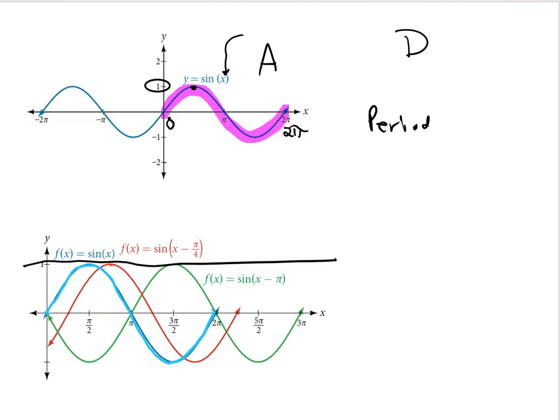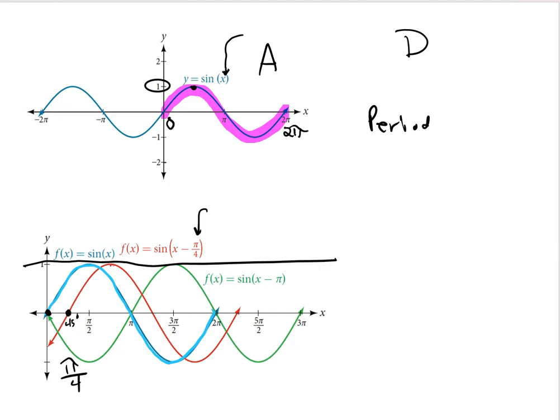It was right here, and now it's right there, which is halfway between 0 and pi over 2, which is 90 degrees. So this is a 45-degree shift, and 45 degrees is pi over 4. And so you can see on the red one, there it is: x minus pi over 4. So it shifts 45 degrees to the right.